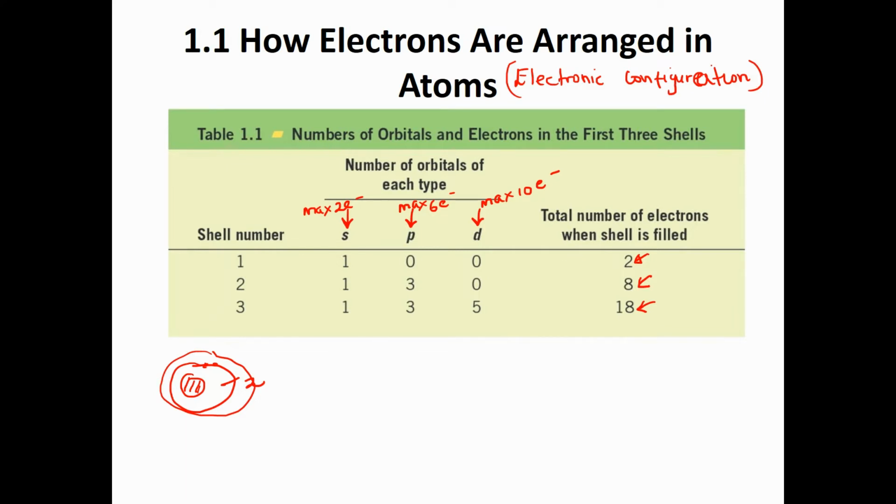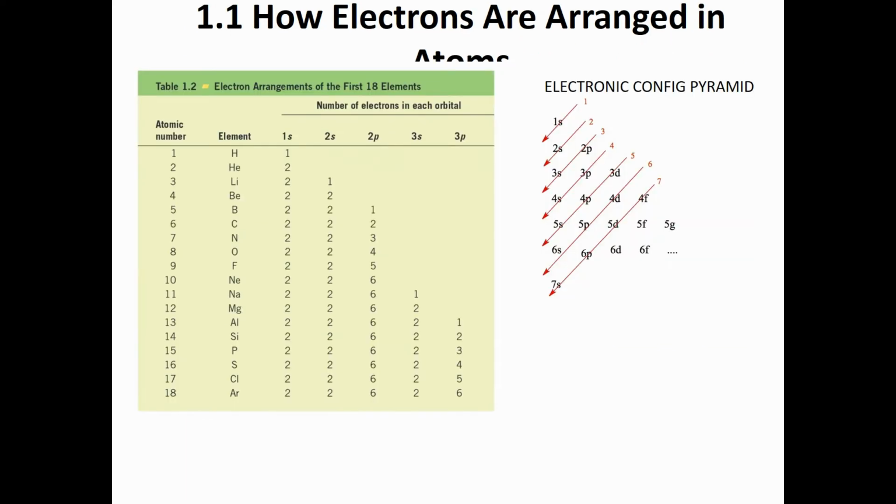I would want you to write electronic configurations using the s, p, d. Remember, the s takes a maximum of 2 electrons, the p takes a maximum of 6, the d takes a maximum of 10 electrons. So let's use this pyramid to write electronic configurations of some elements.